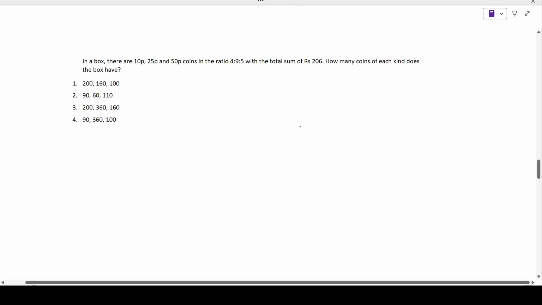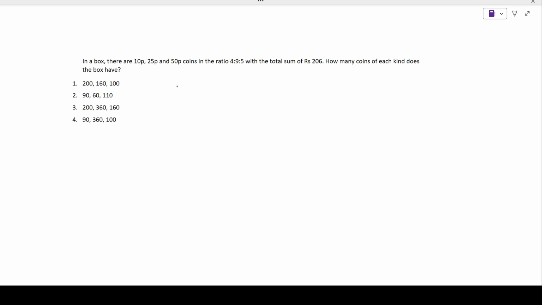In a box there are 10 paise, 25 paise and 50 paise coins in the ratio of 4 ratio 9 ratio 5. If the total sum is rupees 206, how many coins of each kind does the box have?